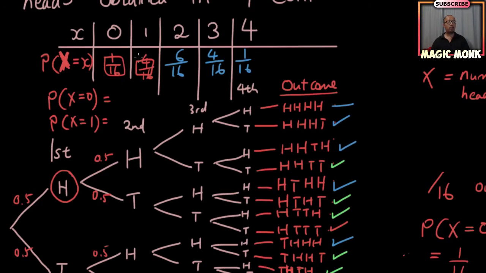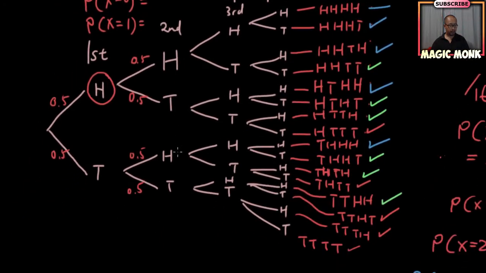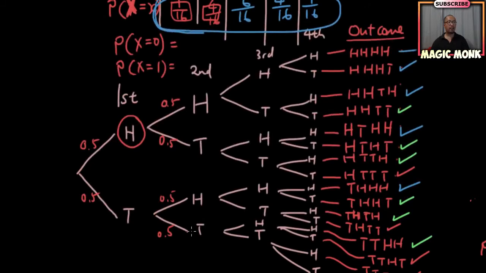Now, what do we notice about these numbers? What do we notice about them? So let's try adding them together. Okay, so we got 1 out of 16 plus 4 out of 16 plus 6 out of 16 plus 4 out of 16 plus 1 out of 16.